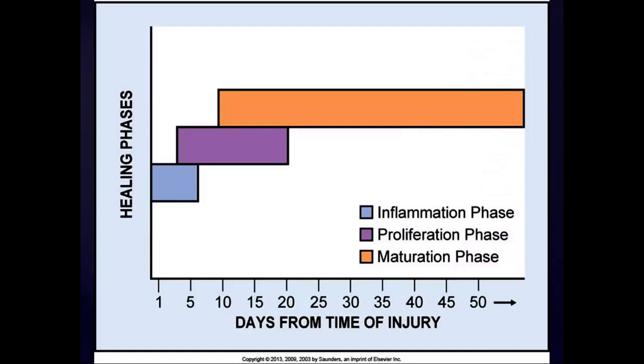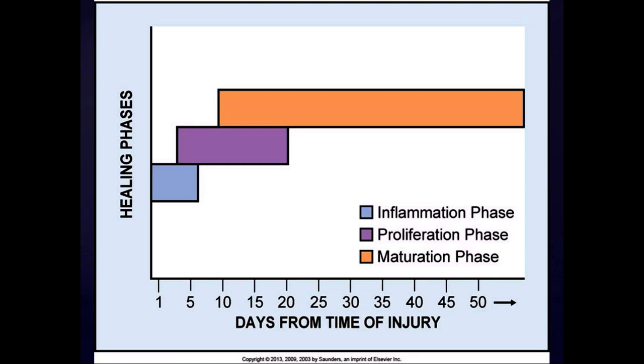So this is from the book as well, and it kind of shows how the stages might overlap, and the days from the time of injury. So in that inflammation phase, it's the first few days, there's a lot going on.